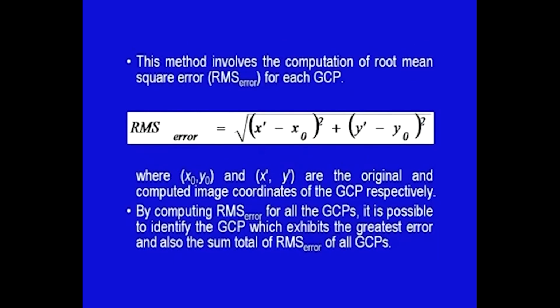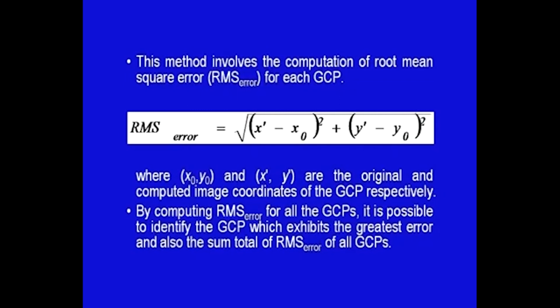This method involves the computation of root mean square error for each GCP, where the RMS error can be expressed as under root of (x dash minus x0) whole square plus (y dash minus y0) whole square, where x0, y0 and x dash and y dash are the original and the computed image coordinates of the GCP respectively.